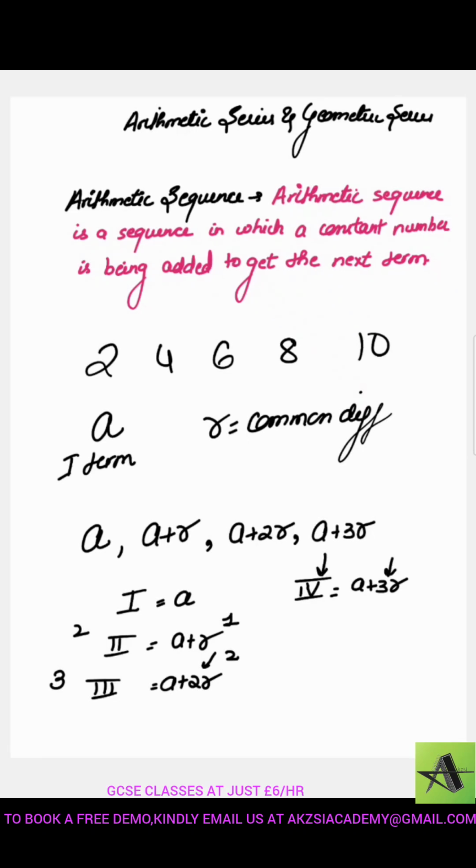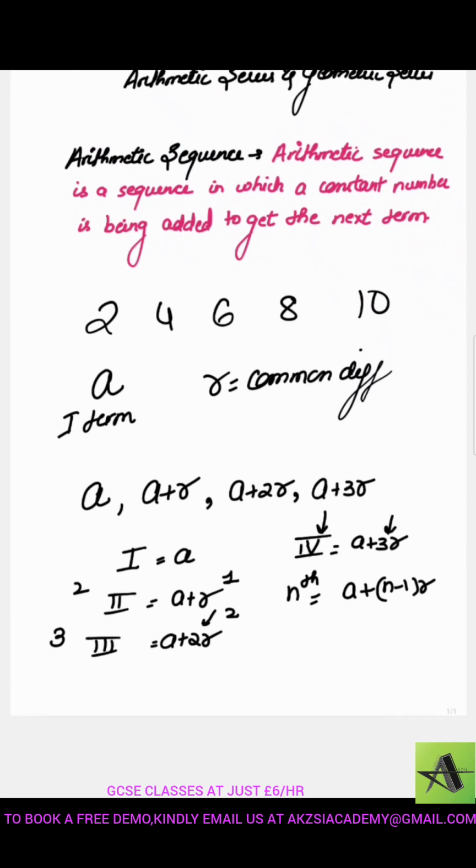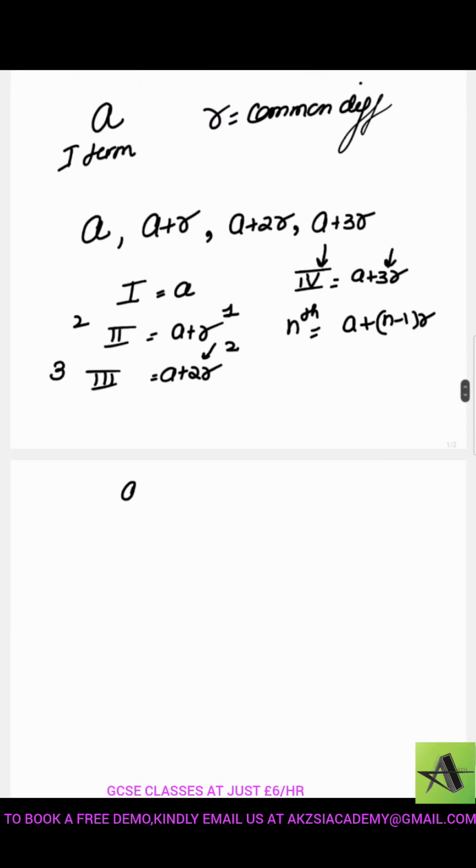So similarly, the nth term would be A plus the coefficient of R, which would be 1 less than the number of the term, so it's going to be (n minus 1)R. In most books you will find D in place of R. So A is the first term and D is the common difference. Tn represents the nth term. It's going to be A plus (n minus 1) times D.